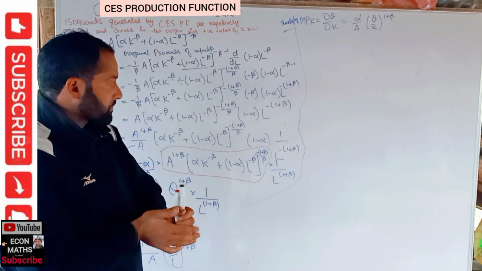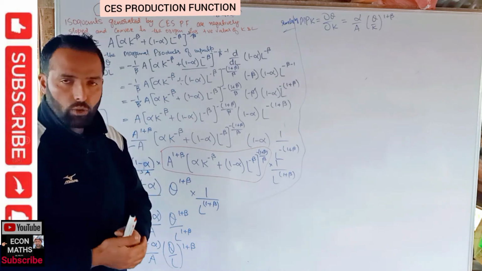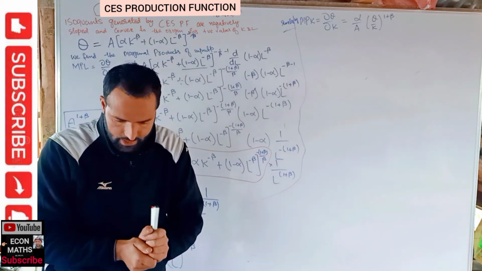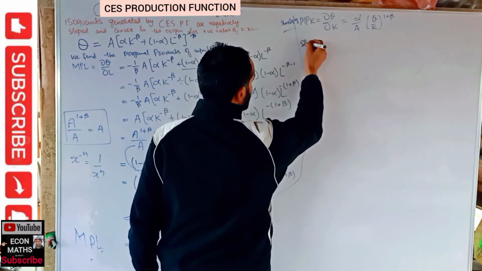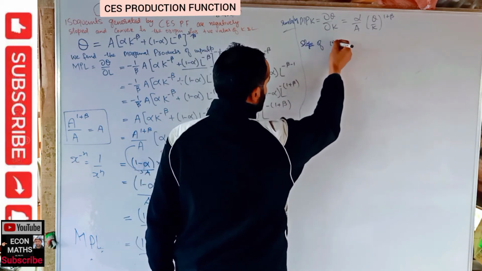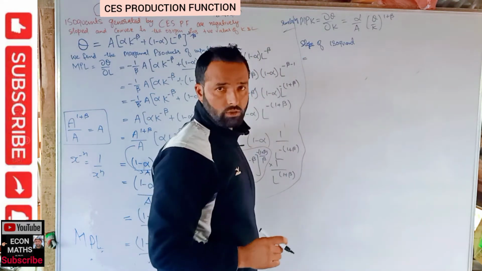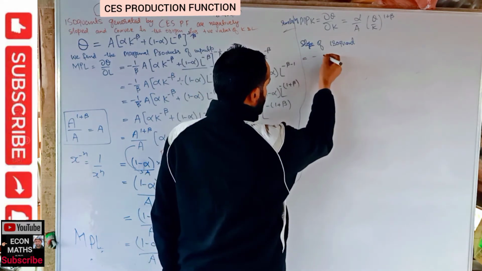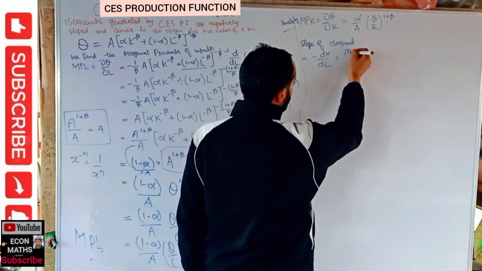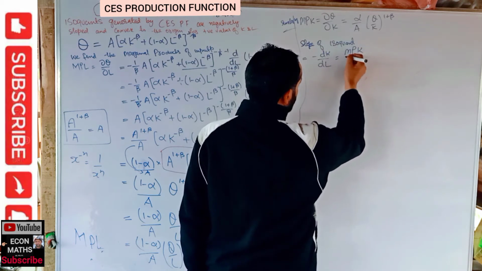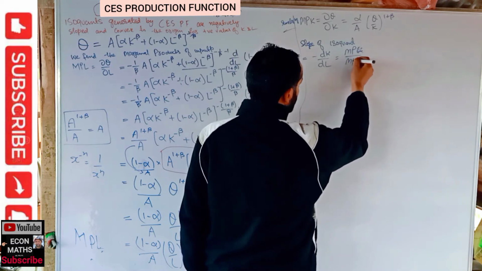Now the slope of the isoquant is given by, that is, slope of isoquant is equal to minus dK divided by dL, which is equal to MPL divided by MPK.